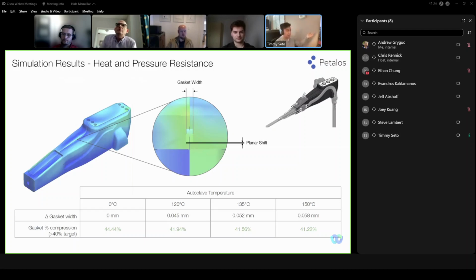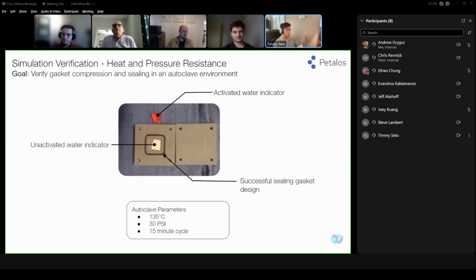If we maintained a compression rate of greater than 40%, which is a standard spec that most gasket manufacturers recommend, then we assumed that we would be safe. And then to verify that, we printed out some test coupons. If you go to the next slide, Ethan, you can see that our gasket compression ratio and expansion is enough to keep the indicator sealed throughout the entire autoclave cycle.